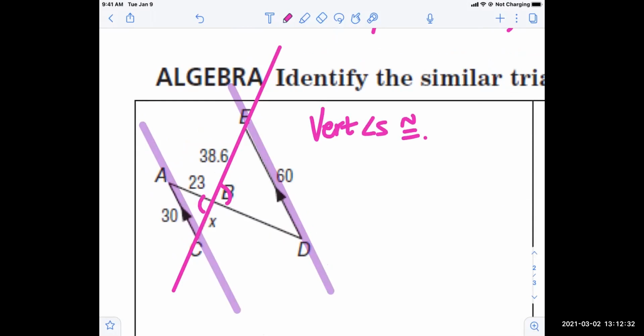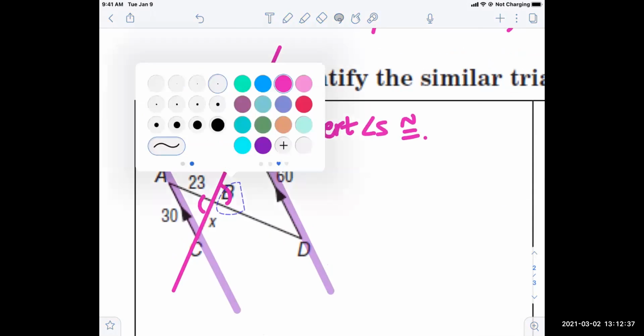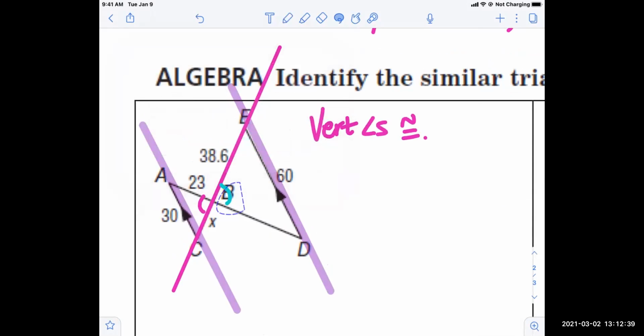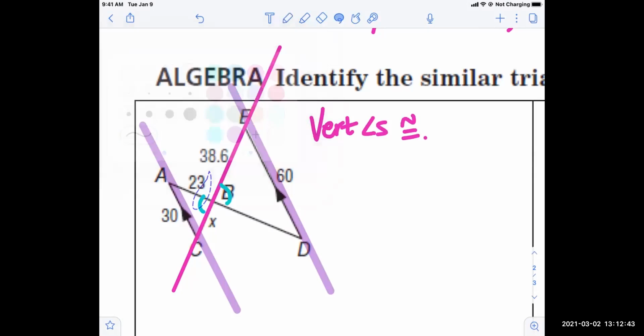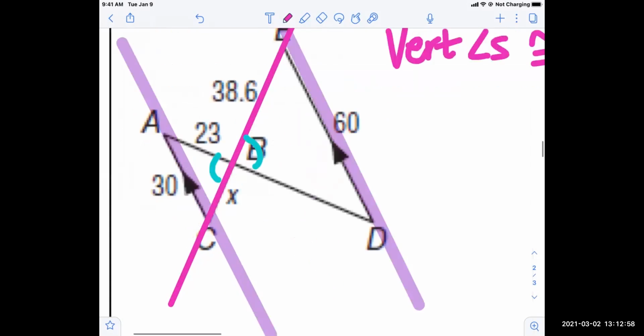And then what do you get from the parallel? Alternate interior. So which ones are, I'm naming angles, Derbla? Okay, hold on. X is this length right here. Use the letters.